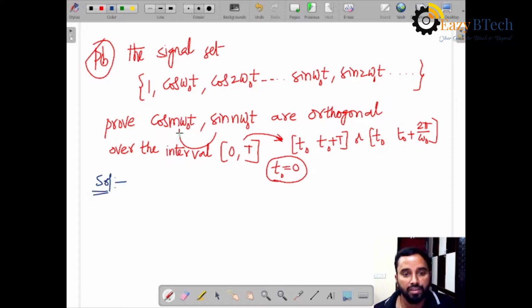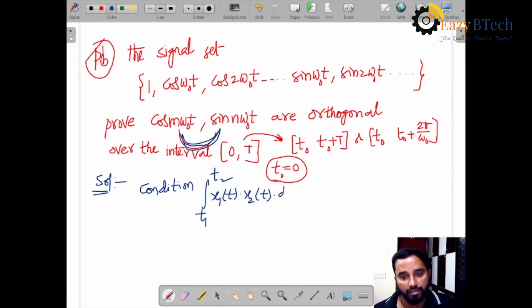He is asking cos m omega naught t and sin n omega naught t are orthogonal over the interval 0 to T. Generally to prove orthogonality, the condition is the integral from t1 to t2 of x1 of t into x2 of t dt is equal to 0, then x1 and x2 are orthogonal.